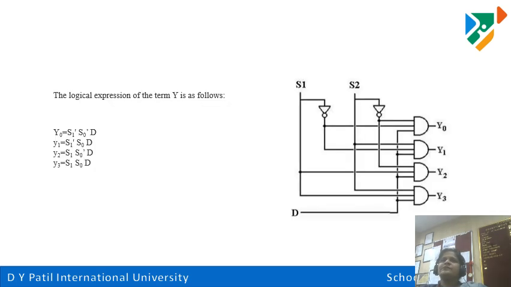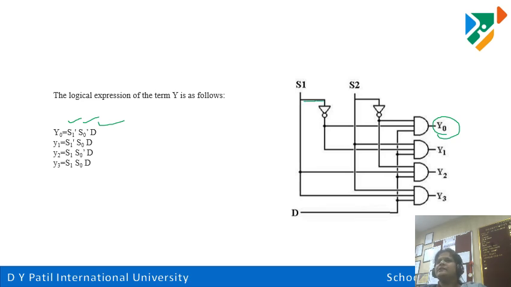Once we get the equations, based on the equations, we get to know what are the inputs and what are the outputs. So how many inputs are there? S0, S1 and D. There are 3 inputs and 4 outputs. In order to make Y0, we are taking S1 bar and S0 bar.